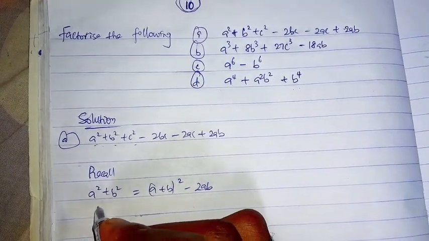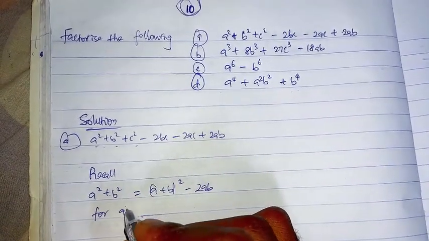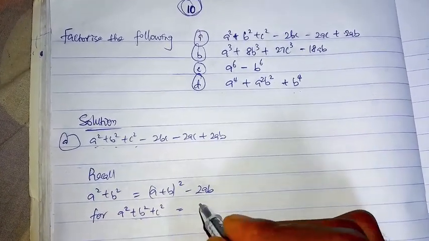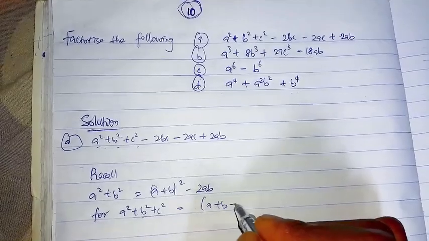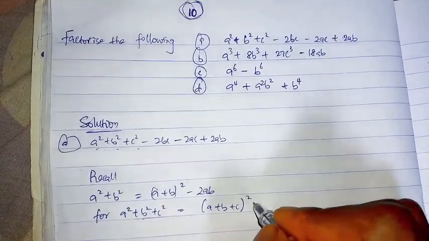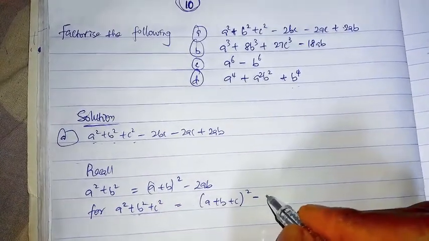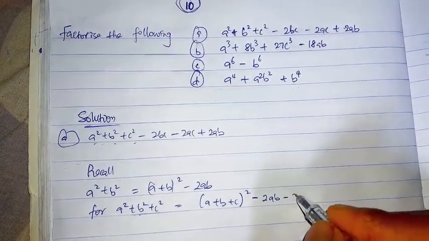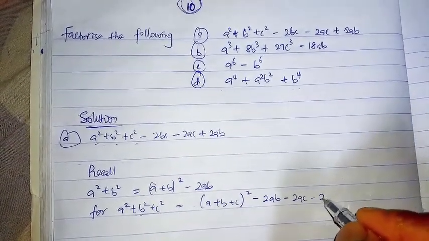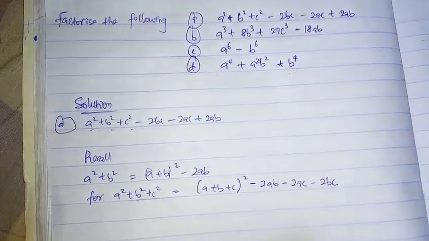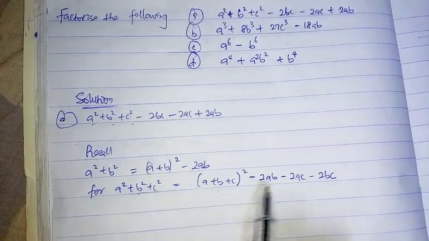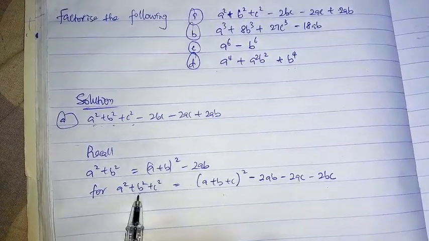So a squared plus b squared plus c squared will be the same thing as a plus b plus c all raised to power 2 minus 2ab minus 2ac minus 2bc. That will be the expression. That is, if I expand this and I subtract all this, I must get this back.